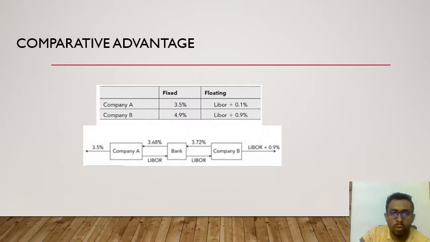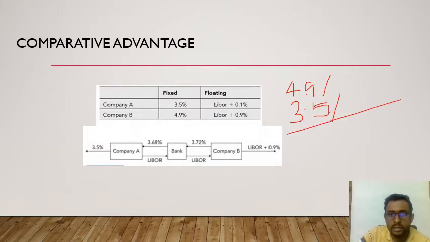Now company B can get a 4.9% loan and company A can get 3.5%. So 4.9 minus 3.5 is 1.4%.